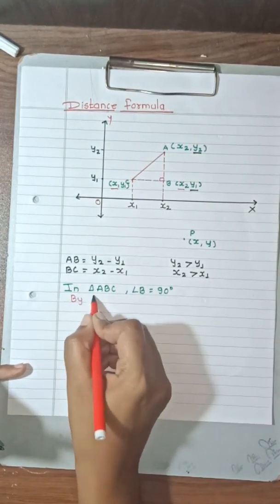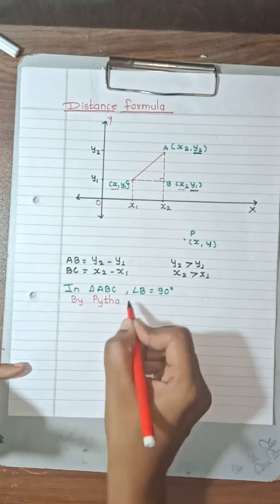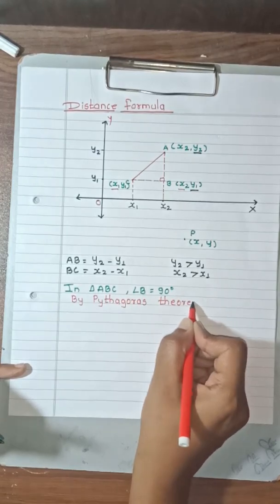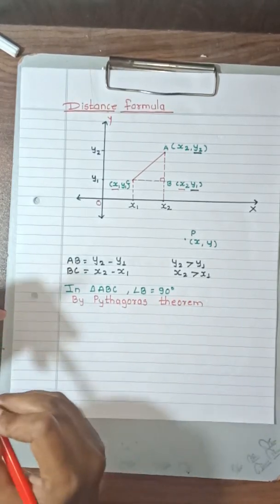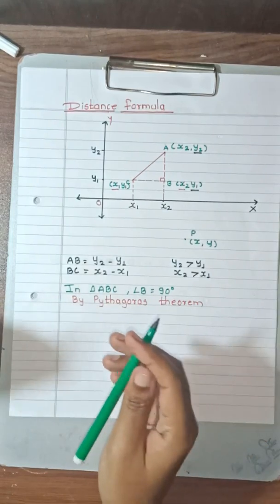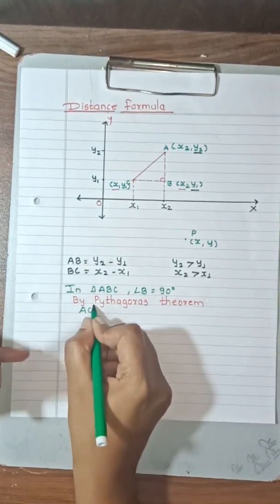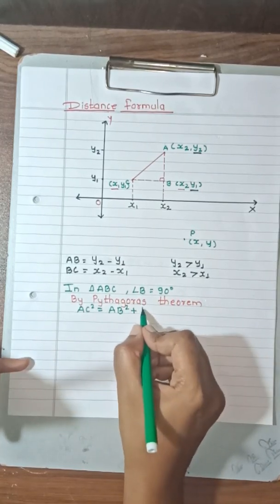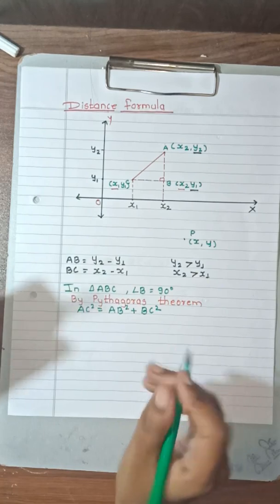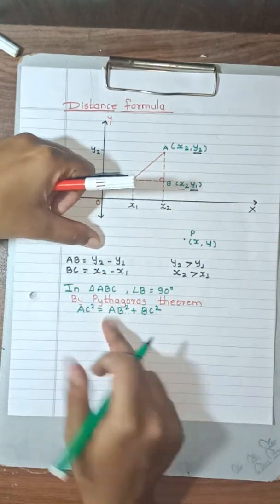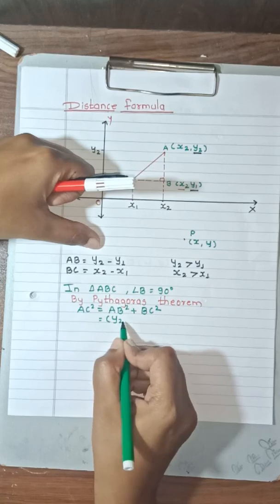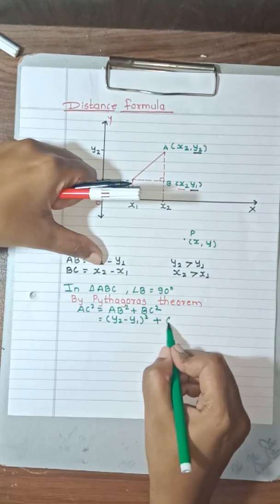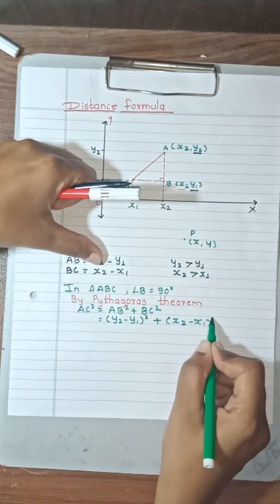By Pythagoras theorem, AC square is equal to AB square plus BC square. Now you have got your value of AB, so you can write down here (y2 minus y1) bracket square plus BC square, which is (x2 minus x1) bracket square.